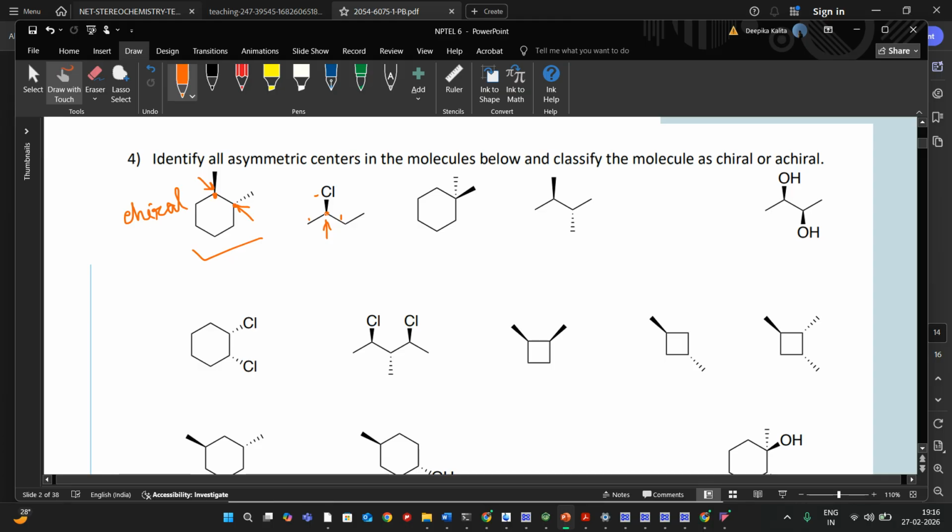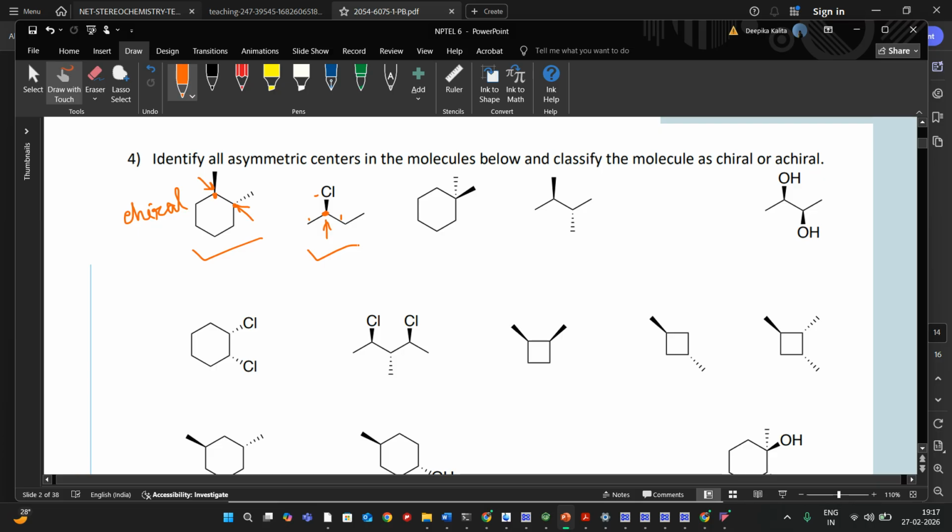Hence, four different groups are linked to this particular carbon atom. That is why this will be the asymmetric center present. And when it comes to chirality, it will be chiral because it does not possess a plane of symmetry. So this molecule will also be chiral.